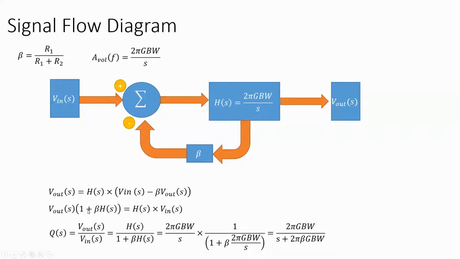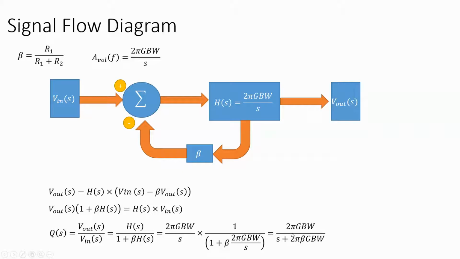That's why negative feedback will have a positive term here, because when we subtract and then collect terms, it becomes positive. So we're left with this, and we'll call it a different name. Instead of H(s), which is just V out over V in, we multiply everything out. Okay, we have our model for the gain bandwidth.